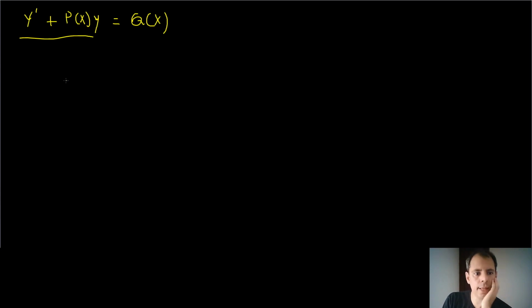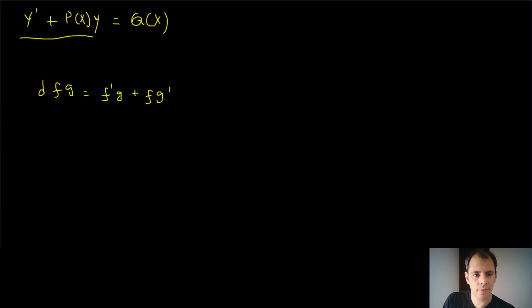Let's just say that you have a function f and g, and you take the derivative of both of them. It's going to be the derivative of the first times the second plus the first times the derivative of the second. So here, y is already in the right format, okay?